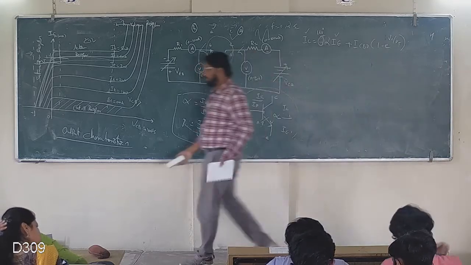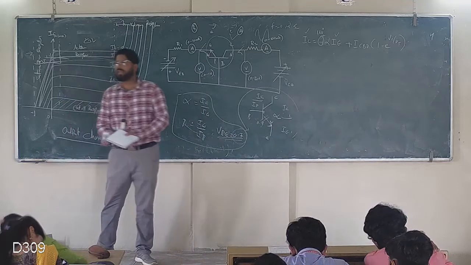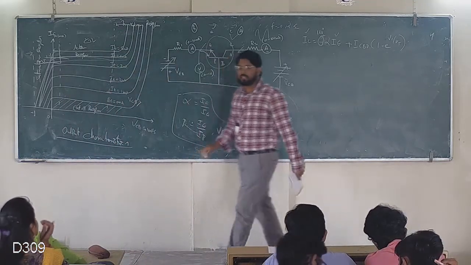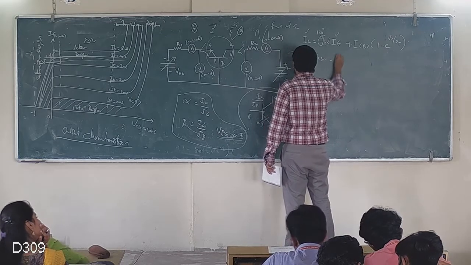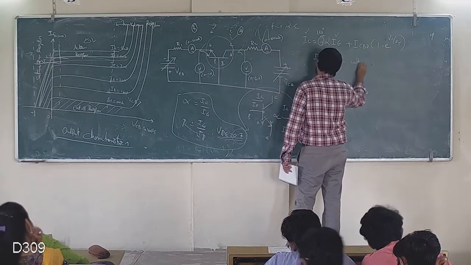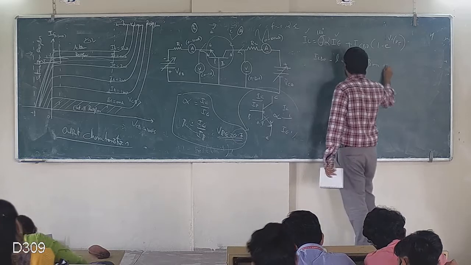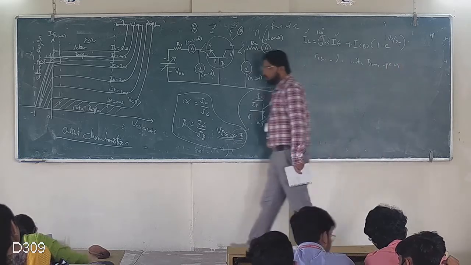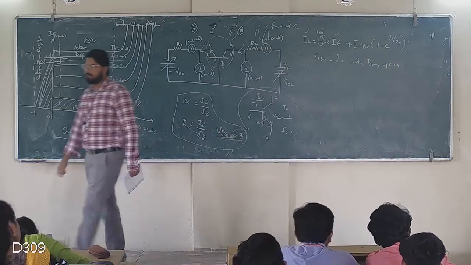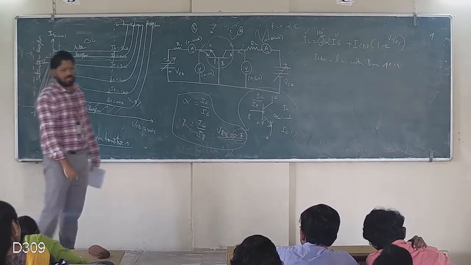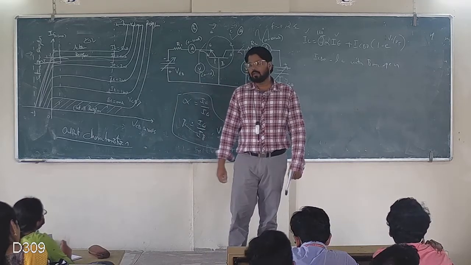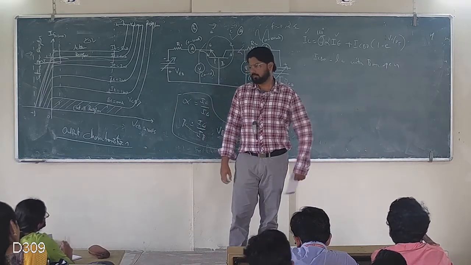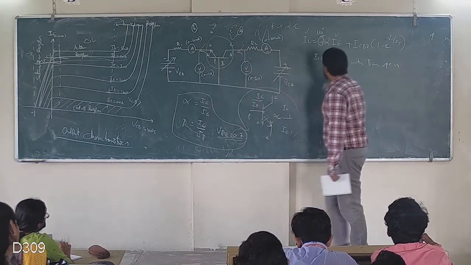What is ICBO? ICBO is the leakage current with the base open. Leakage current with base open. Okay, so listen.